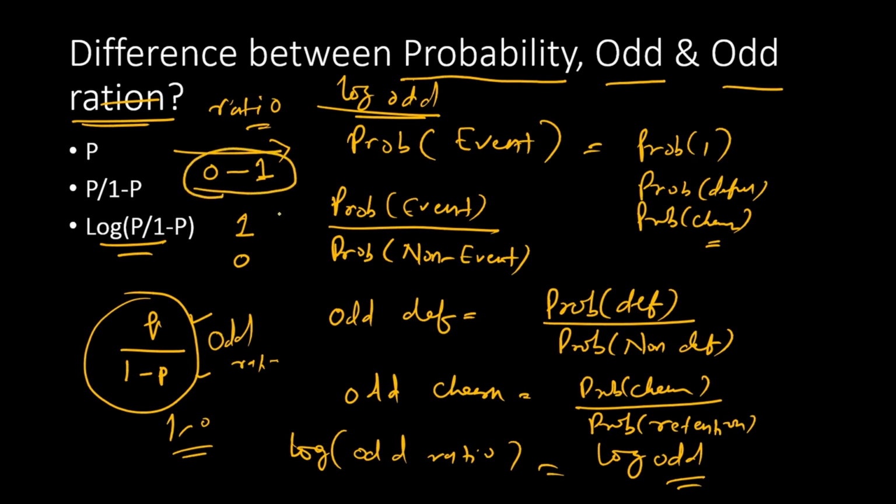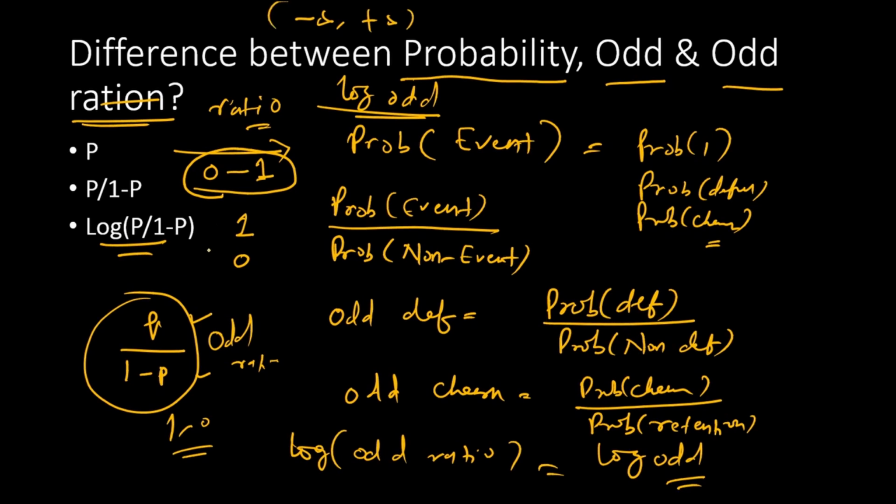In regression or any mathematical optimization, it is good if the values are unbounded, that means the values lie between minus infinity and plus infinity.